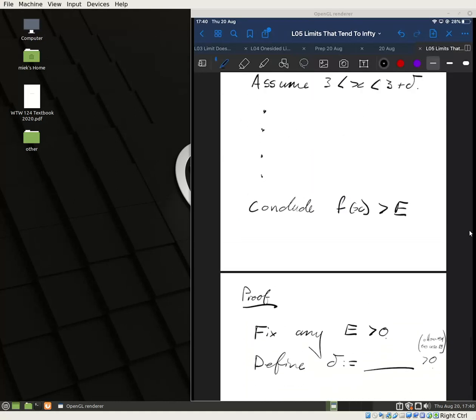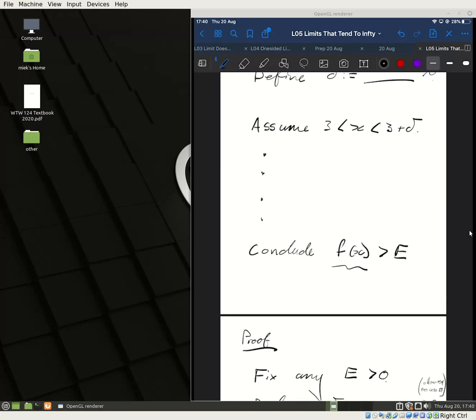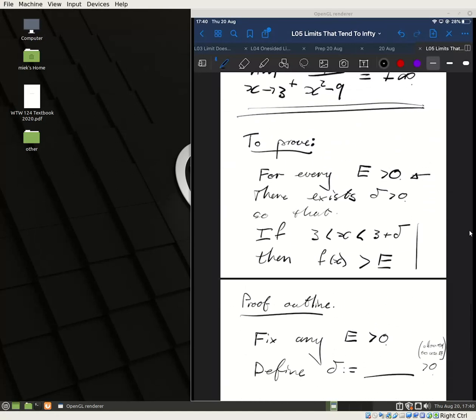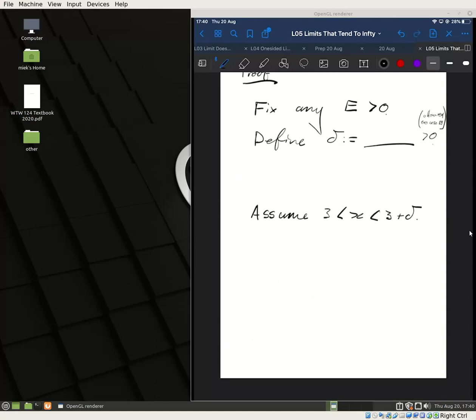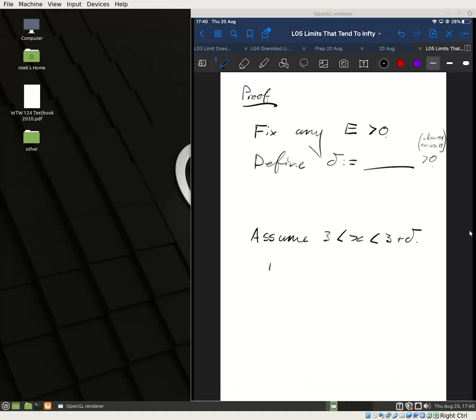What are we interested in? We want to get f of x greater than E. What is f of x? It is 1 over x squared minus 9. Let's write it this way. Consider 1 over x squared minus 9.